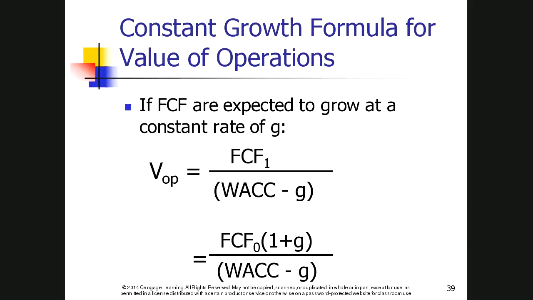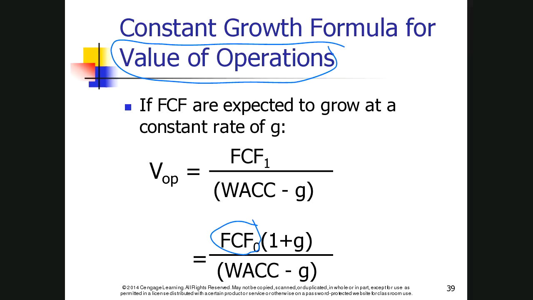Okay, first step first, we are going to calculate the value of operations. So we're going to take the last free cash flow times 1 plus g to get the next free cash flow, free cash flow 1, okay? Divided by, now this time the required rate of return is replaced by WACC.